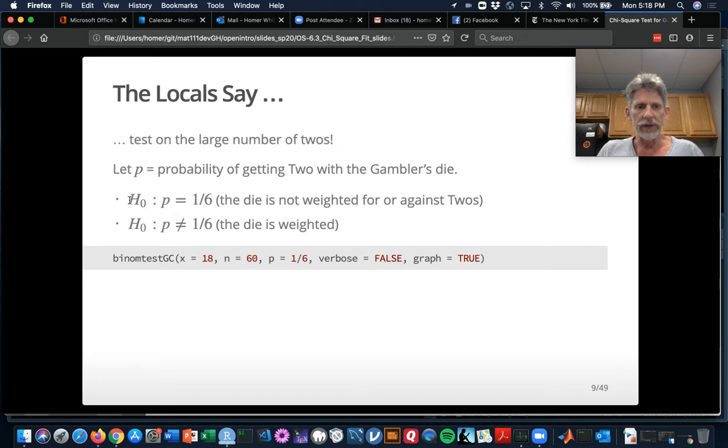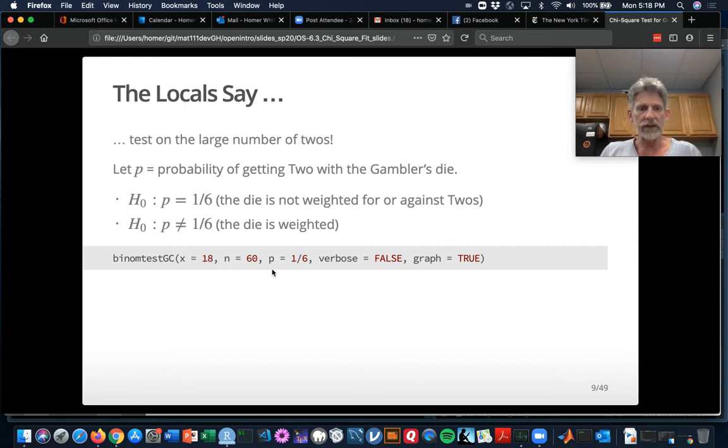And so, if you're the gambler, then your claim would be that P is 1/6 because you're claiming that your die is fair so that all the sides have a 1 in 6 chance of coming out. Whereas the locals suspect, based on what they saw in the data, that the probability is not 1/6. In fact, they think it's probably more than 1/6 because they got 18 2s instead of 10.